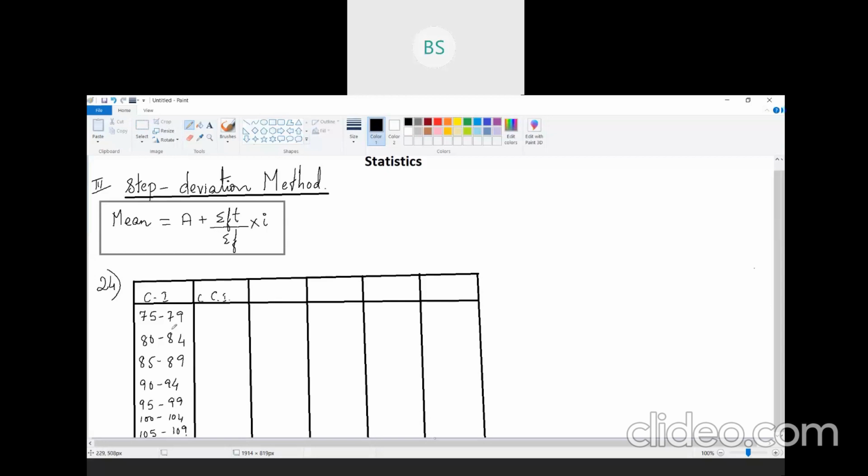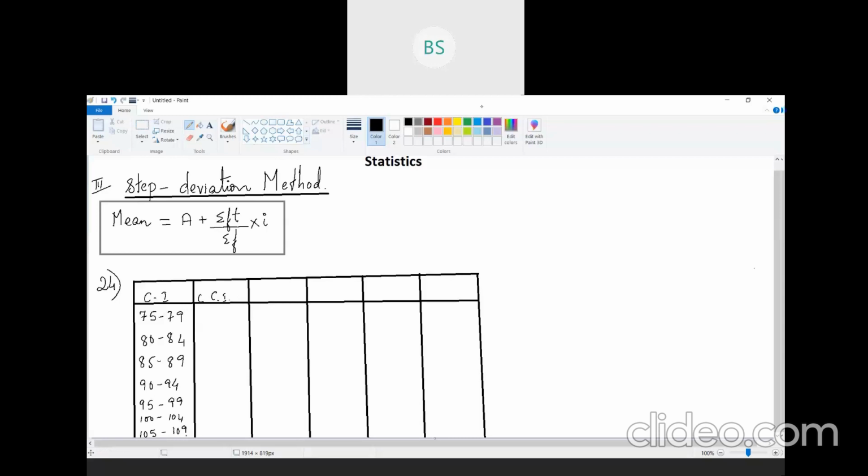So what do we do to find continuous class intervals? First we subtract the upper limit of the first class interval from the lower limit of the second class interval. So 80 minus 79 will be 1. The difference divided by 2 will give us 0.5.